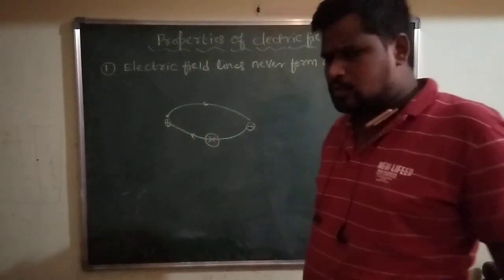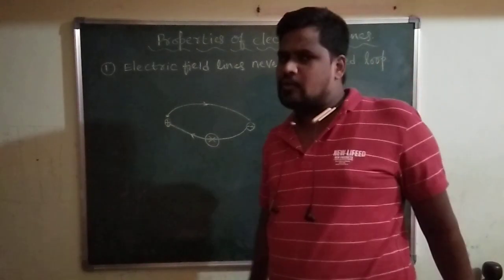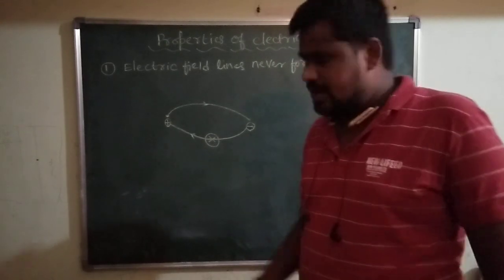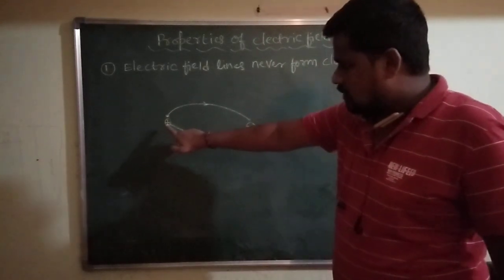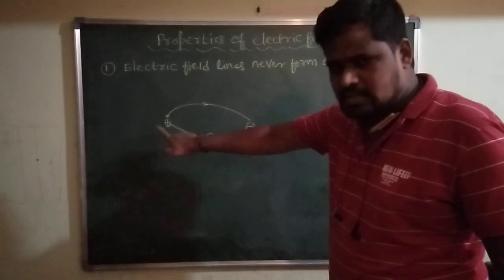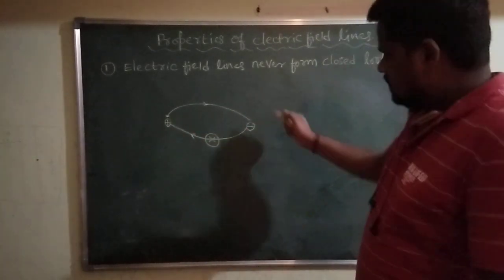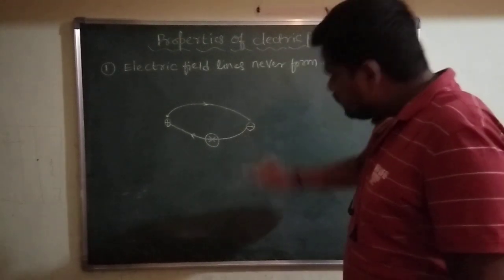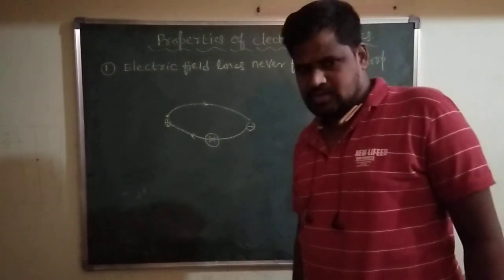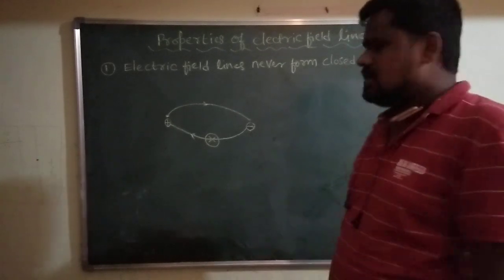When can we say that they can form a closed loop? Provided electric field lines start from positive charge, end with negative charge, and then start from negative charge, end with positive charge. If this happens, we can call it a closed loop.